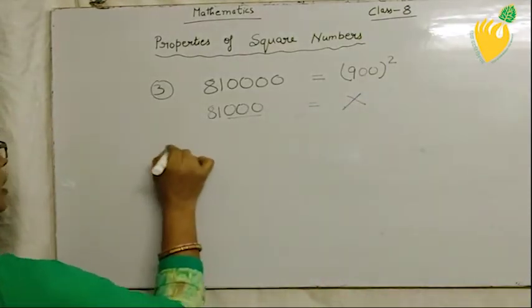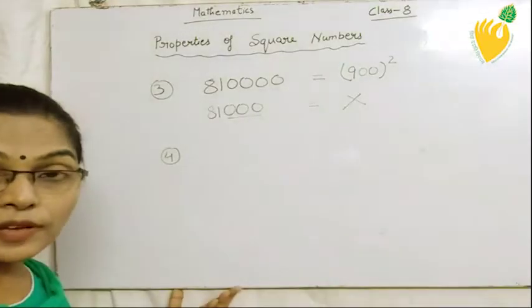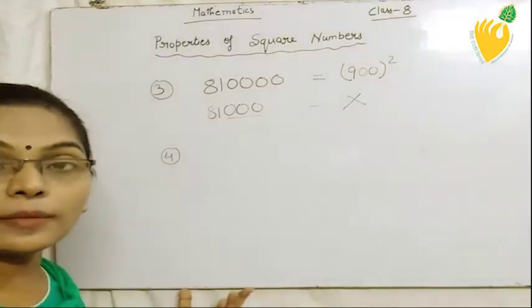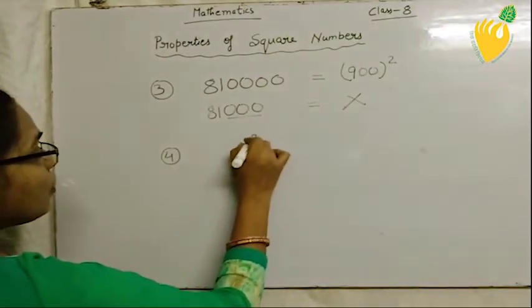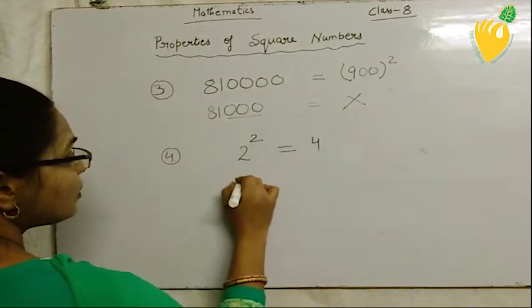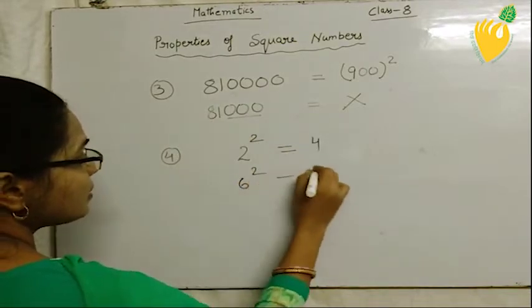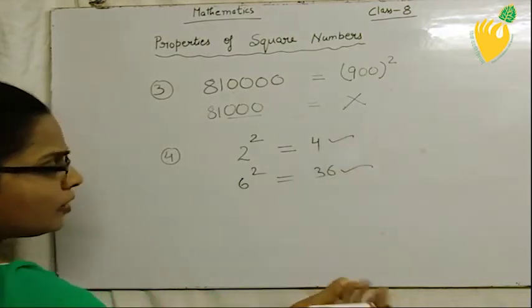The next property is, students, that the square of any even number is always even and the square of any odd number is always odd. See, the square of 2 is 4, the square of 6 is 36, which is even. You can take a few more examples if you want.